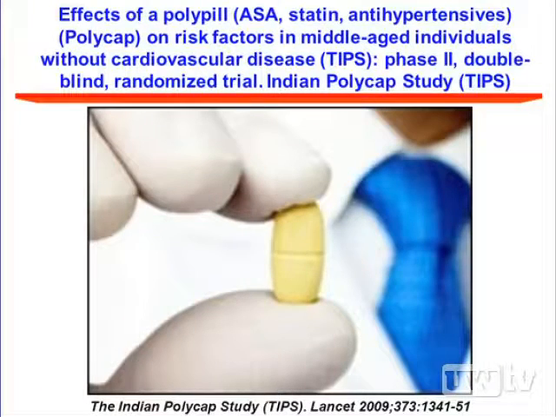And then there's this concept of the polypill prophylaxis against hypertension and cardiovascular disease, which actually has been, there have been feasibility studies and intermediate outcome studies that I'll summarize. Here's one, the Indian polycap study, so-called TIPS, published last year, looked at the effects of a pill that contains aspirin in low dose, a statin to lower lipids, and antihypertensives and risk factors in middle-aged people for developing cardiovascular disease.